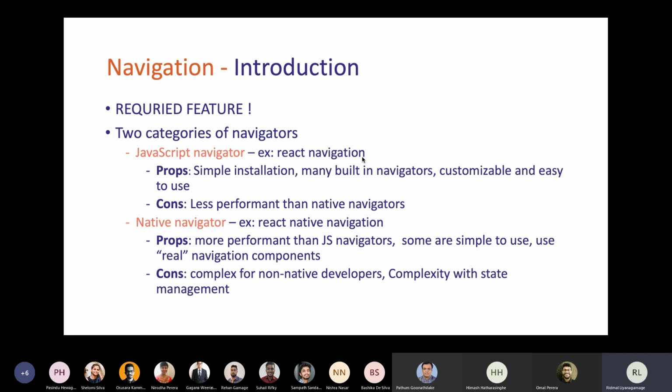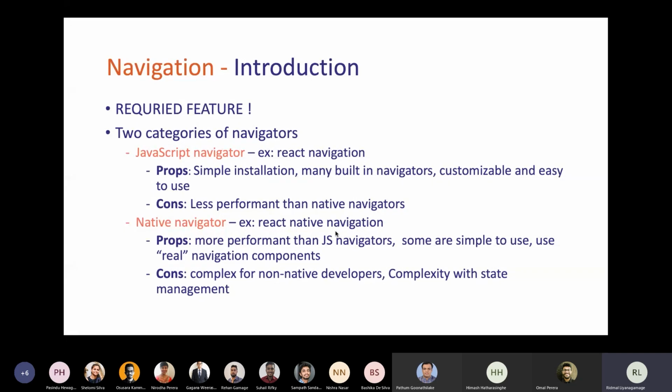If you are coming from the native side, you can easily use it and integrate it with the application. It also has some complexity with the JavaScript plugins we use for other aspects like state management, because of the native configurations. So that's a basic idea about the two types of navigators. We will go with the JavaScript navigator since we can easily install it and easily use it, and it's the recommended one.